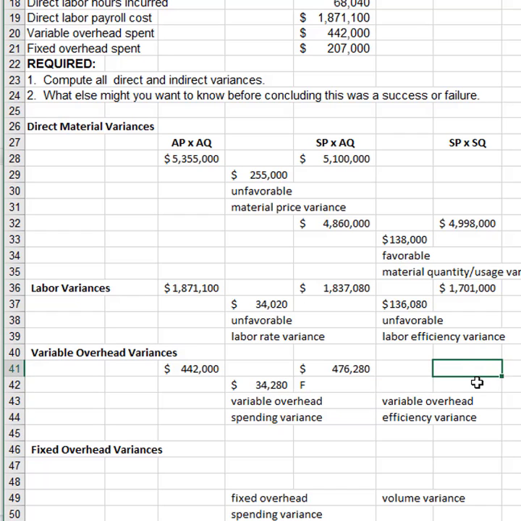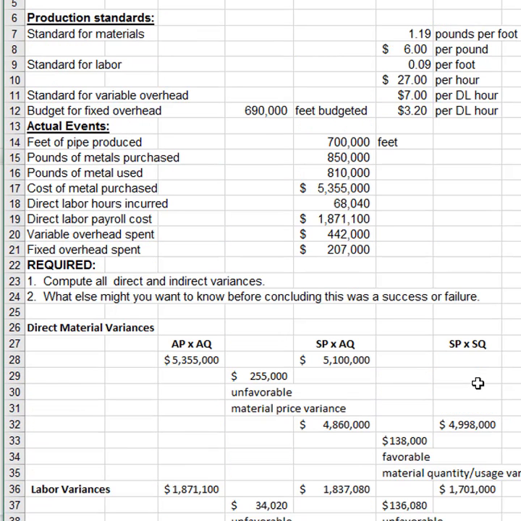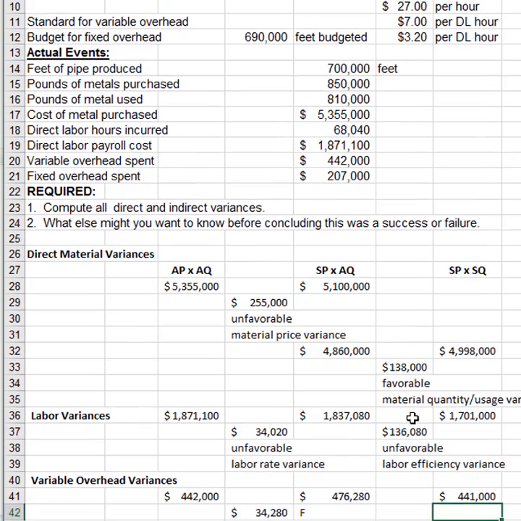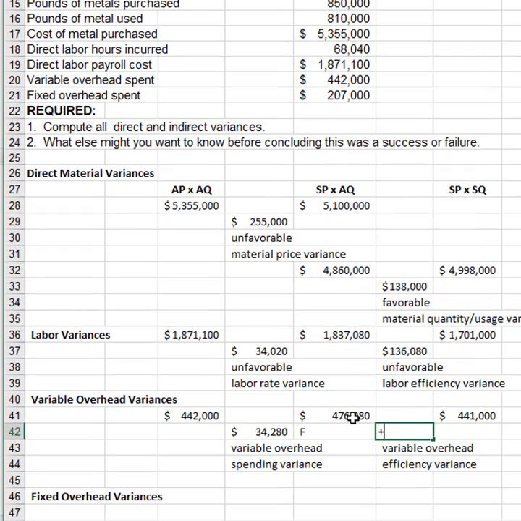And then here we need the hours allowed for the output produced times the variable overhead rate. And then the absolute value of the difference, and this is unfavorable.